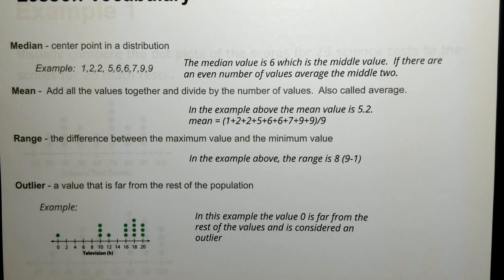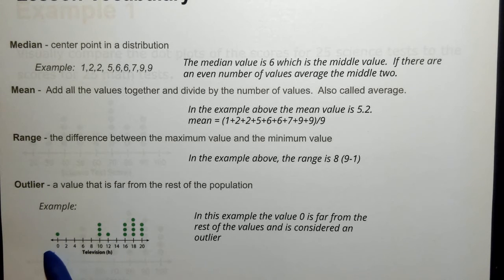And the last term we probably haven't used as much. It's called an outlier. And this is a value that's kind of far from the rest of the distribution, from the population. It just looks like it's different. So here's an example where we have most of the population between 10 and 20. We have one number at 0. So this 0 feels very different from the rest of them.